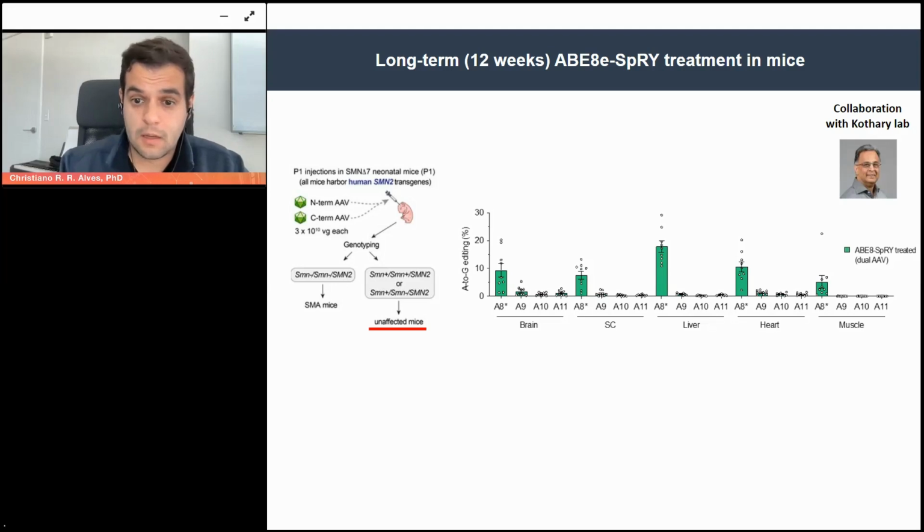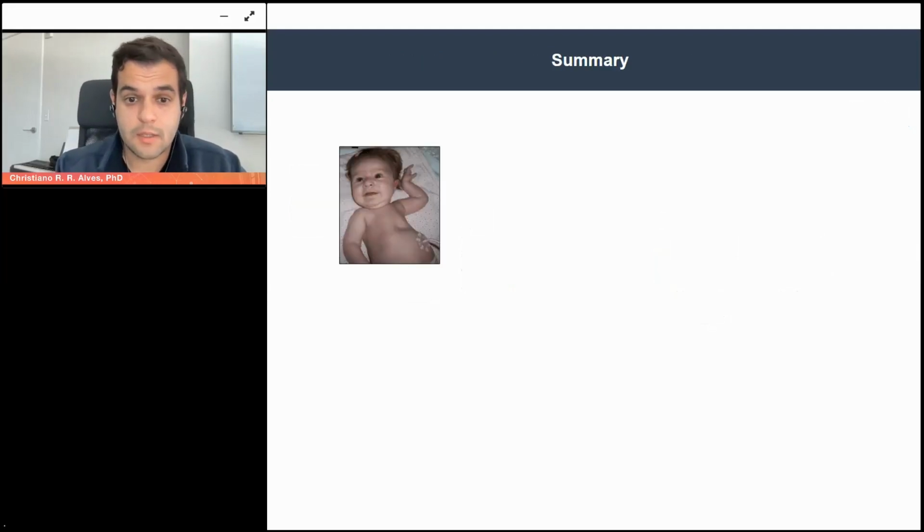All right, I'm running out of time, so I would like to summarize what we know so far, what we learned from the data that I shared today, and where we think these things are going next. SMA is a very severe disease. We know well the pathophysiology, and we have treatments in the market, but none of those are permanent cures.